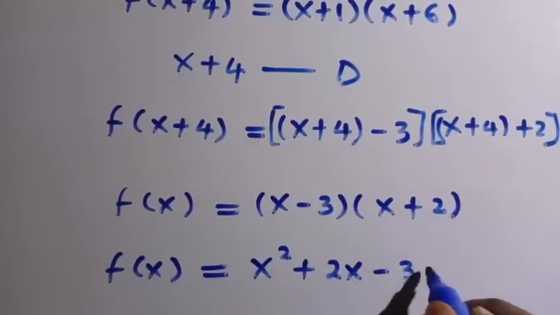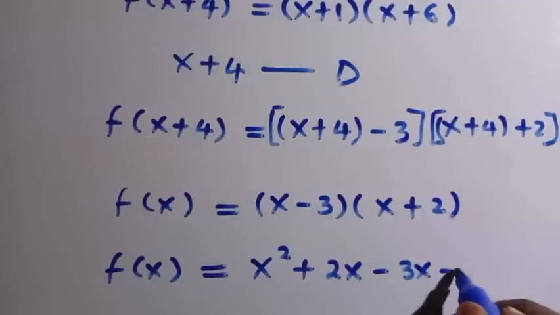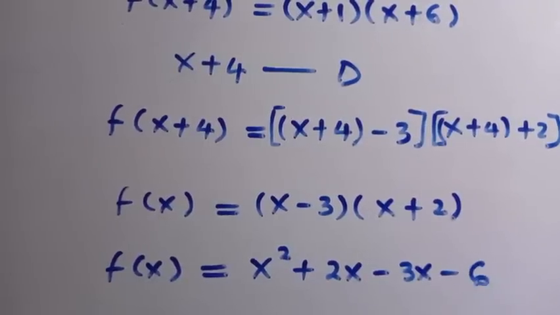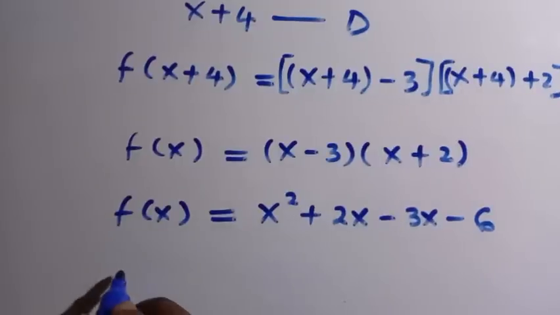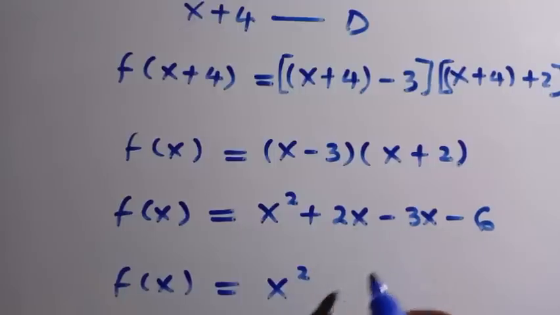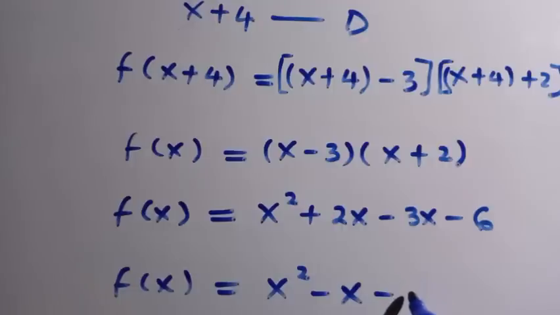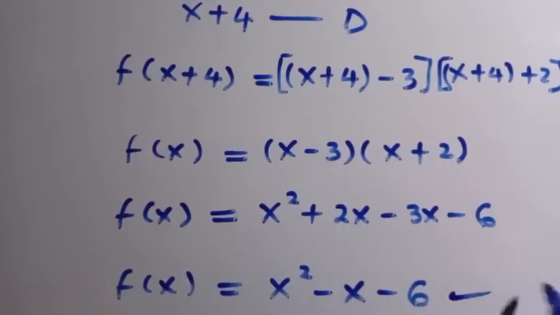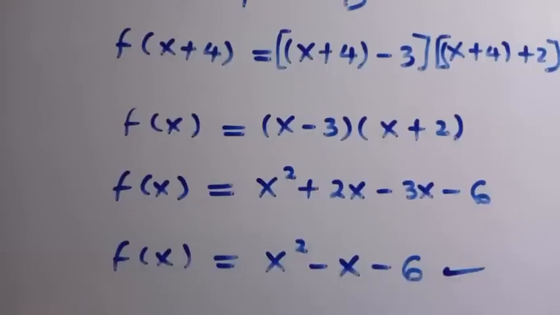We have minus 3 times x, that is minus 3x, minus 3 times 2, that is minus 6. So having this, we have f of x equals x squared, 2x minus 3x, that is minus x, and here is minus 6. So this is the quadratic we got for f of x as the first method.